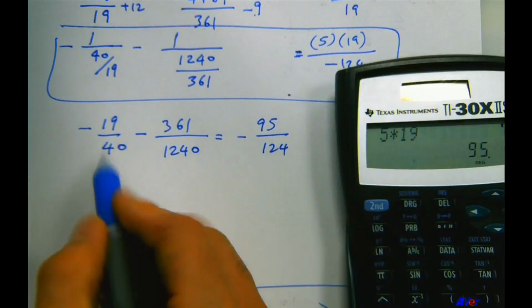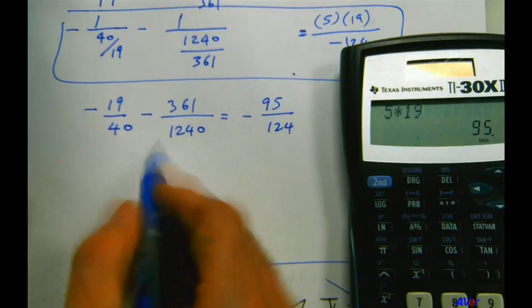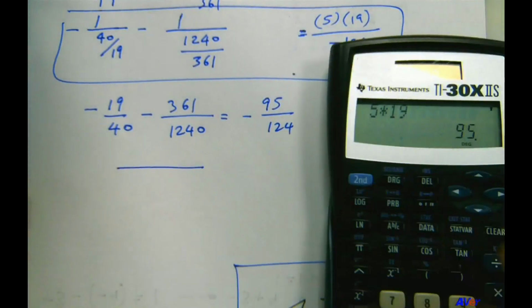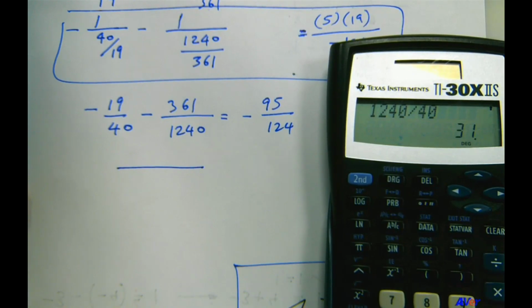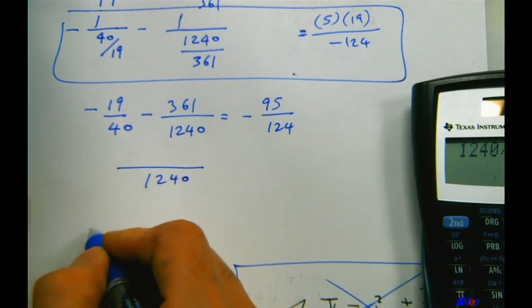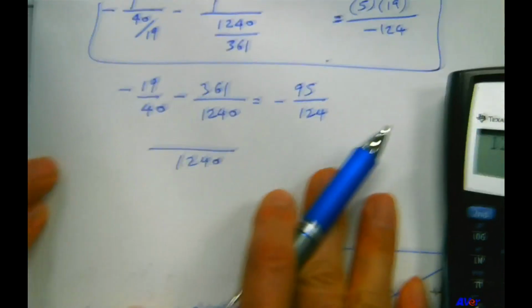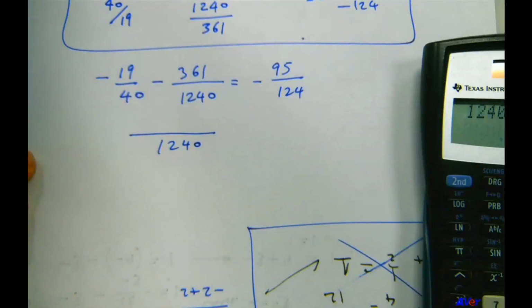Okay, so the common denominator on the left would be, let's see, 1240 can divide into 40, yep, it divides. So 1240 is the common denominator, and this is just the checking part, right?